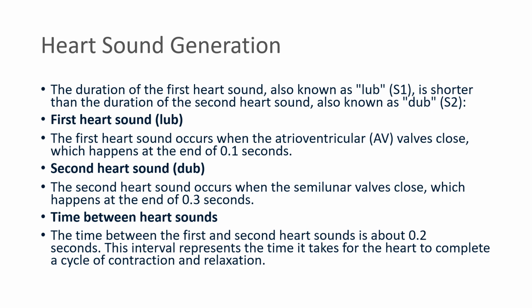So the AV valve closing gives the lub sound, and the semilunar valve closing gives the dub sound, and between the lub and dub there is a 0.2 second gap for contraction and relaxation of your heart.